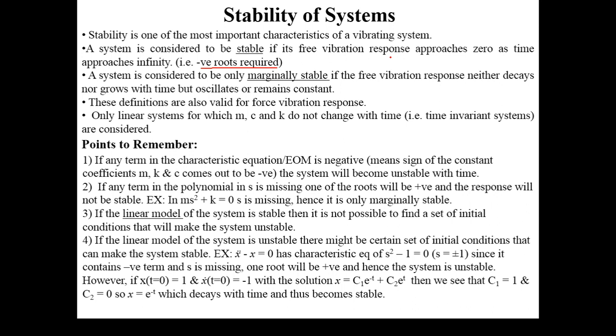So a system is considered to be stable if its free vibration response is stable and converges with time. In a second definition, you can say that a system is only marginally stable if the free vibration response neither decays nor grows in time.